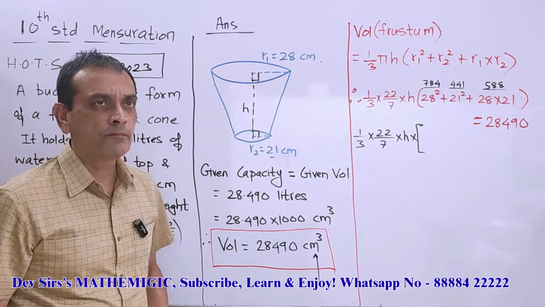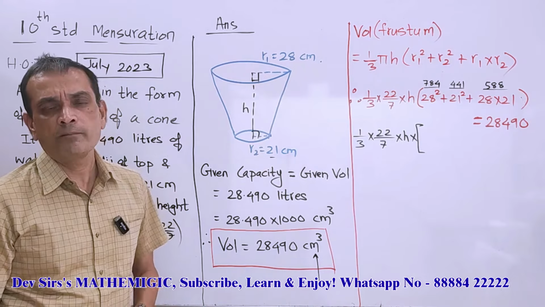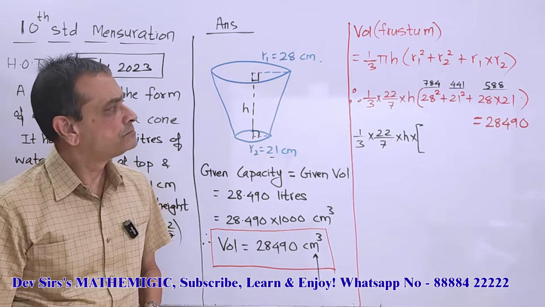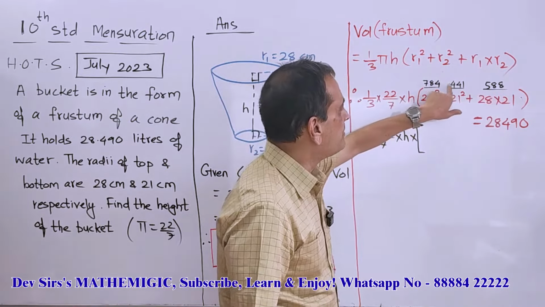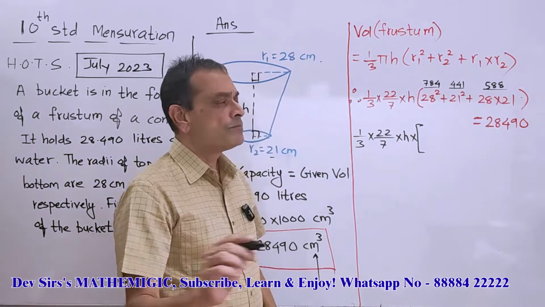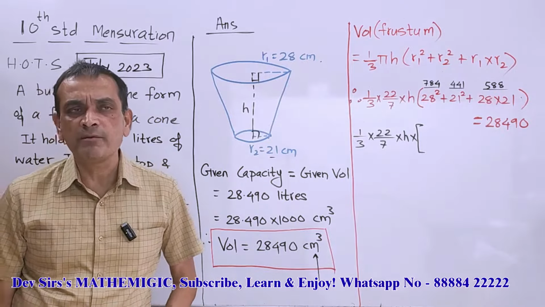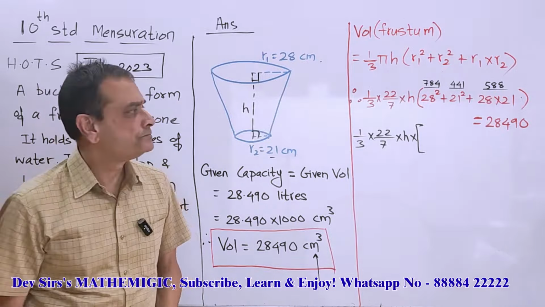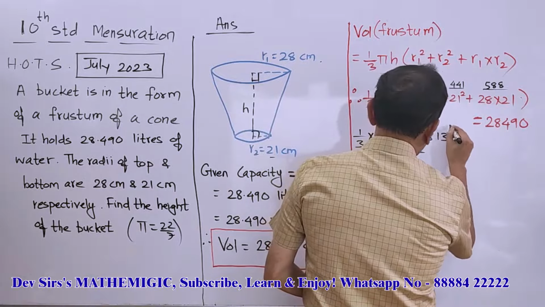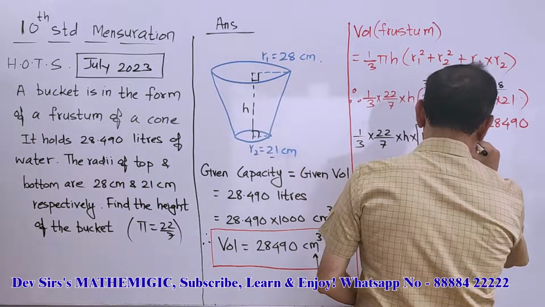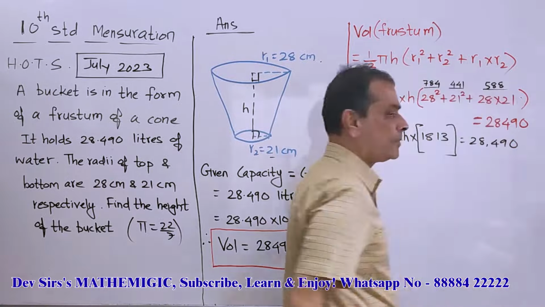You have notebook? करो ऐड. 8 plus 1 is 9, 9 plus 4 is 13. लास्ट में 3 आएगा. क्या आ रहा है? Check whether you are getting 1813. चेक करो. ओके.